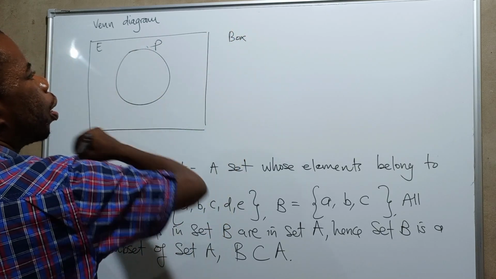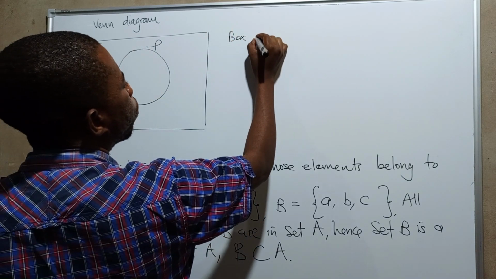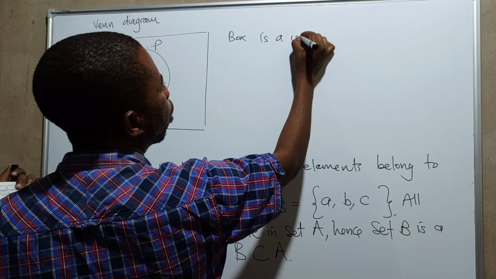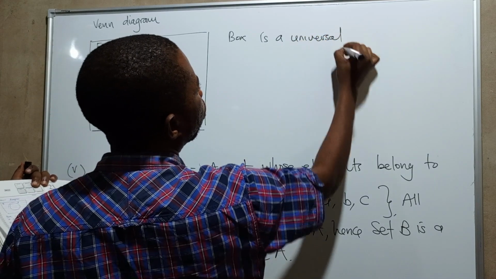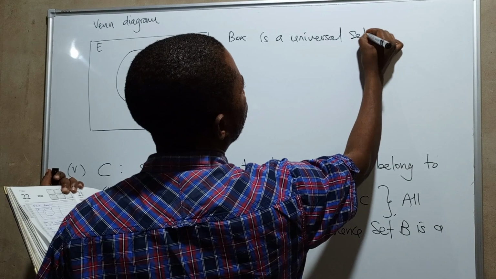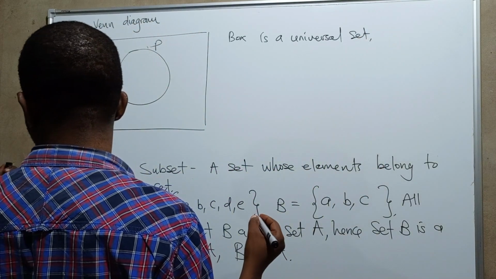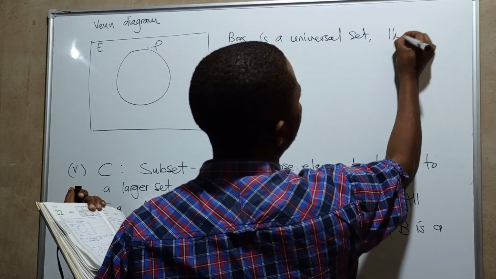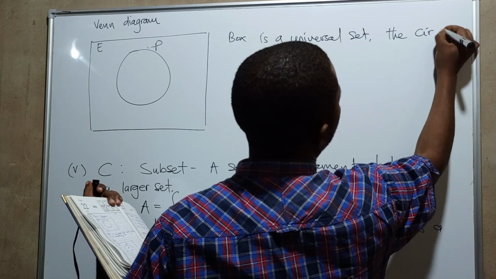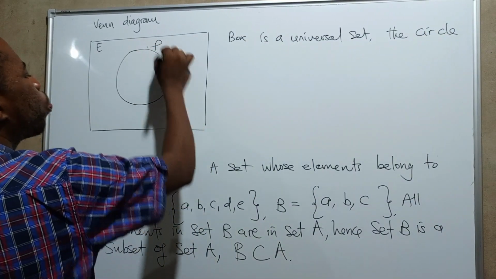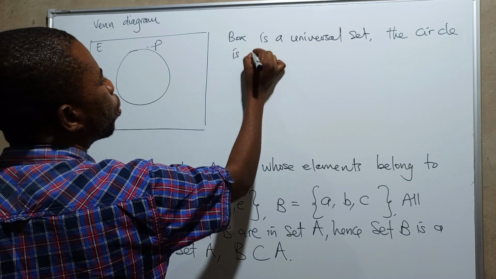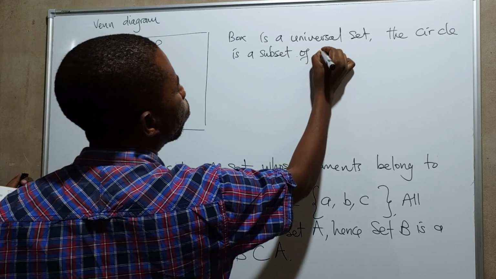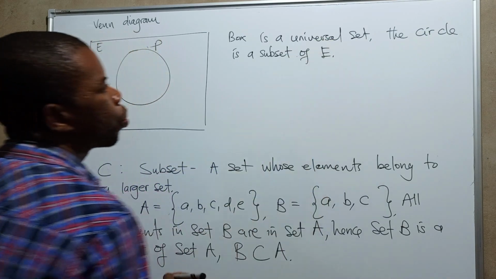This box or square represents a universal set E. Then the circle is a subset of E. The circle, which is this one, is a subset of E, which is the universal set.